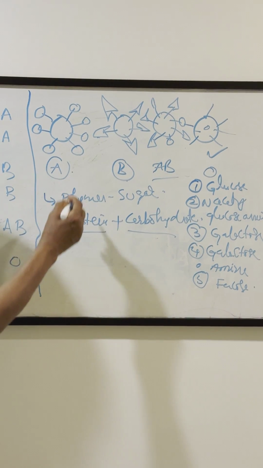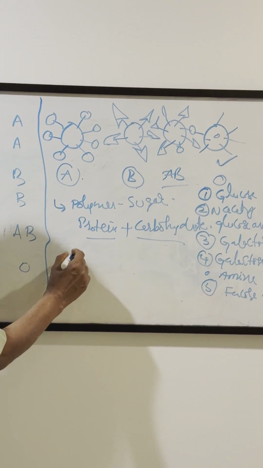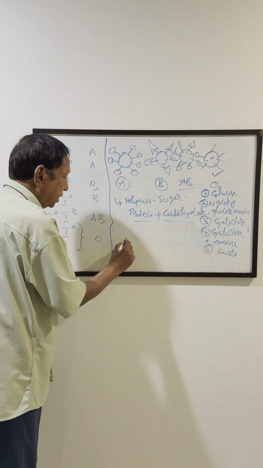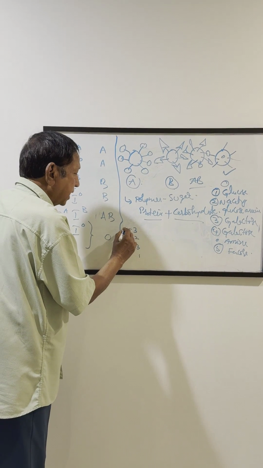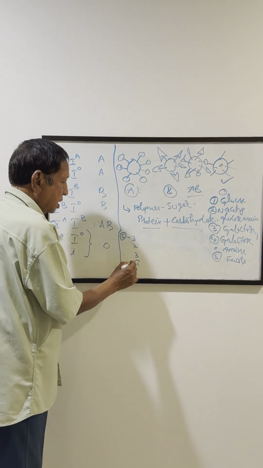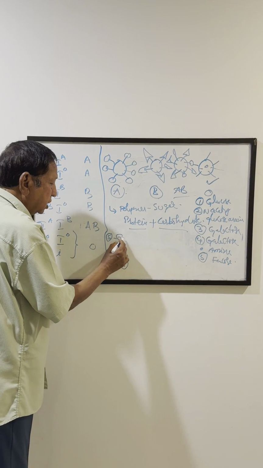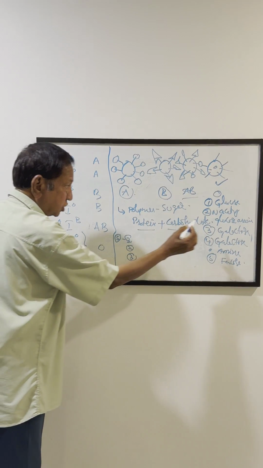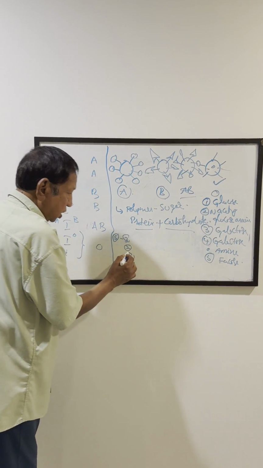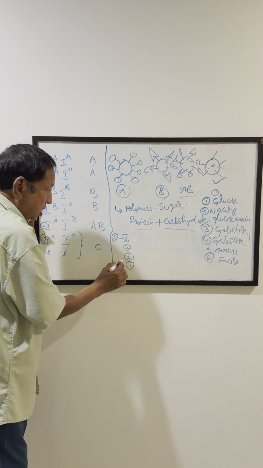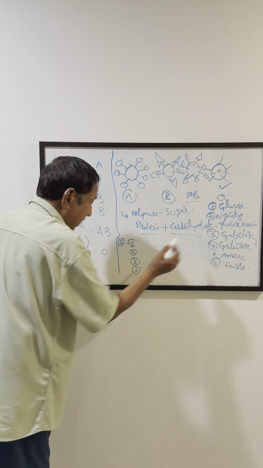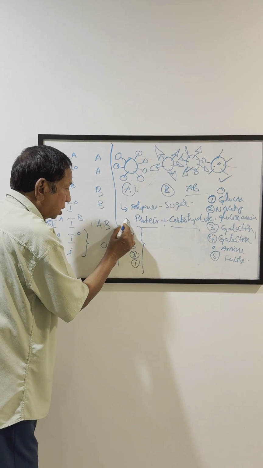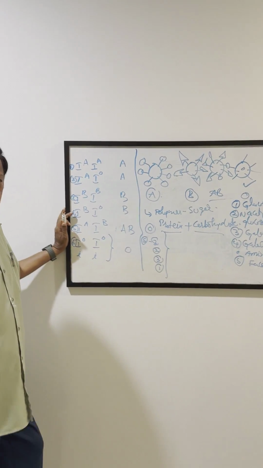For any type of blood, for that O group, I write this as 1, 3, 2, 3, and this is added with the fifth. Altogether there are 5 sugars. 1 refers to glucose, 3 refers to galactose, 2 refers to N-acetyl glucosamine, 3 refers again to galactose. This is added with fucose.